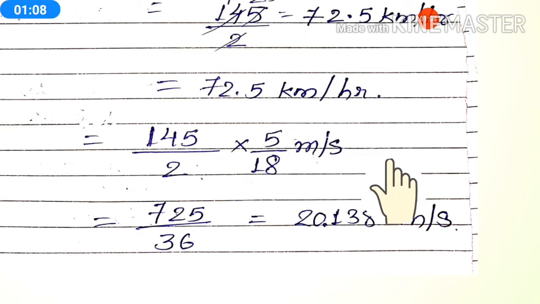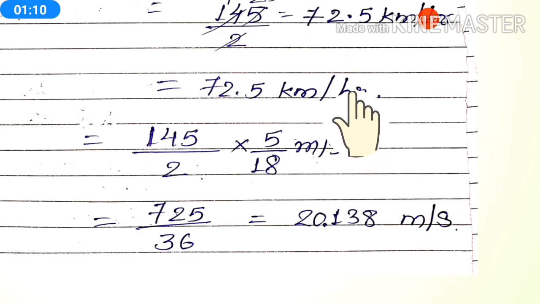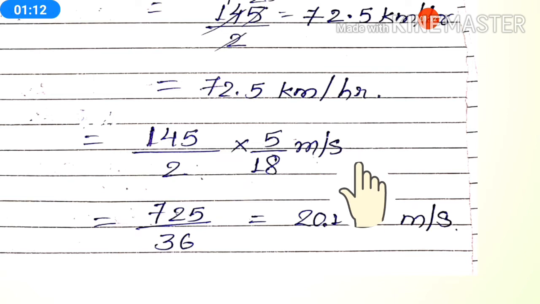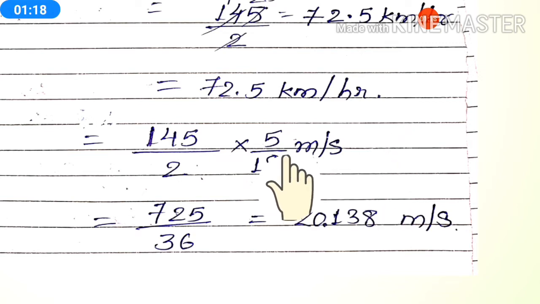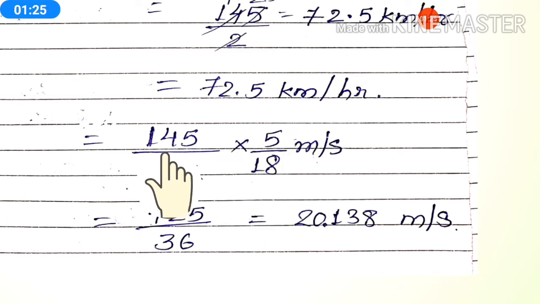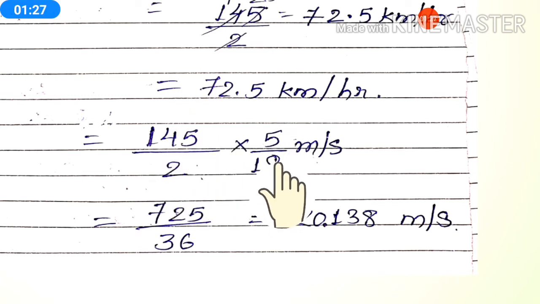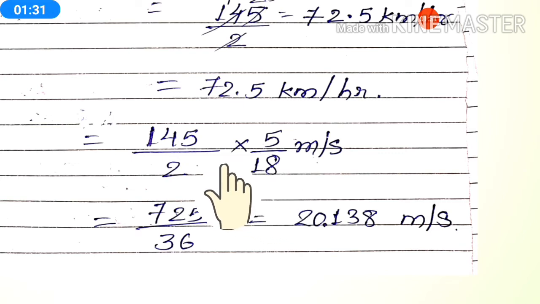So 1000 divided by hour. Now in 1 hour, how many minutes? 60 minutes into 60 seconds. So 1000 by 60 into 60 seconds, when you calculate, the value will come 5 by 18. The fraction at the last, how much will come? 5 by 18. So the kilometer per hour value, when we multiply by 5 by 18, we will get the value in meter per second.